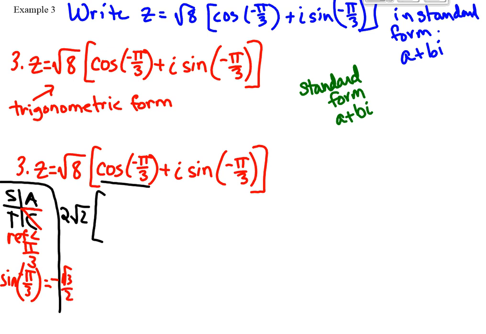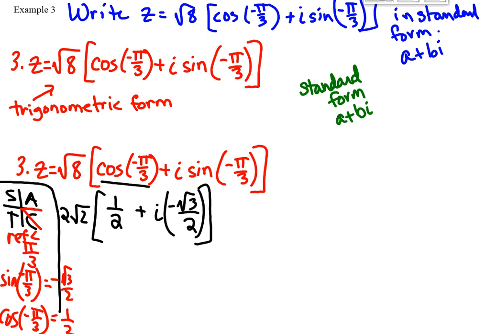And the cosine of negative pi over 3 is positive in that fourth quadrant, so that is positive 1/2. So now I'm ready to put that in. The cosine of negative pi over 3 I got was 1/2 plus i times the sine of negative pi over 3, which is negative square root of 3 over 2.